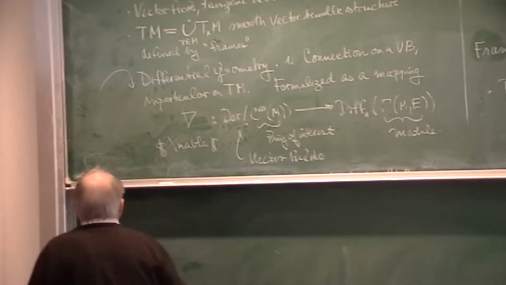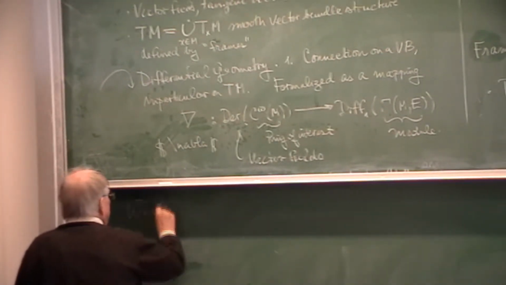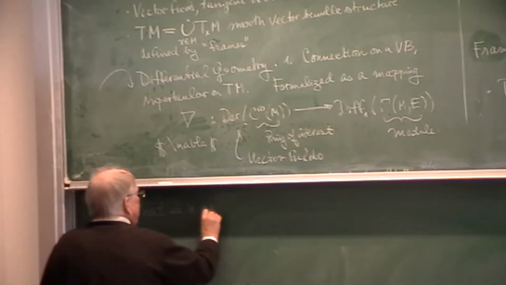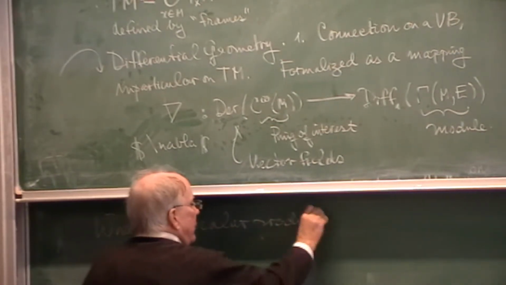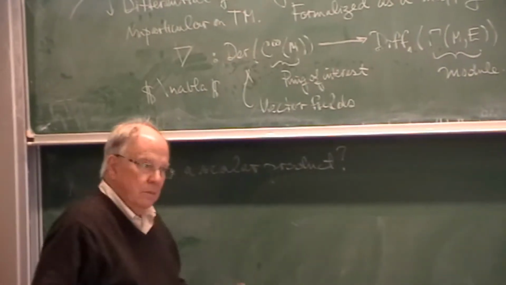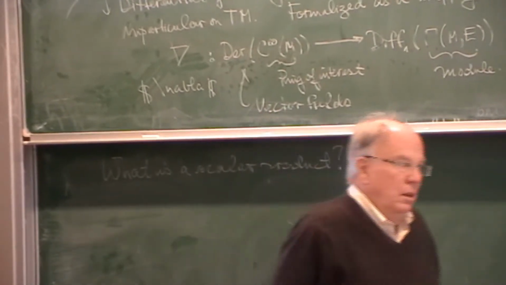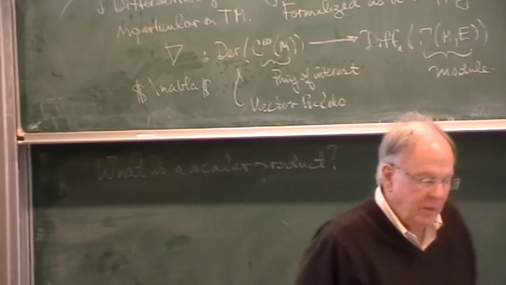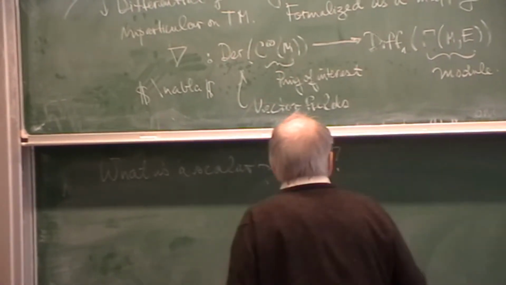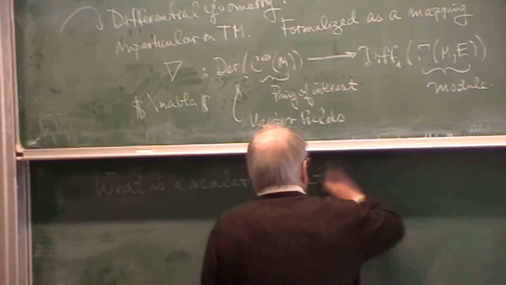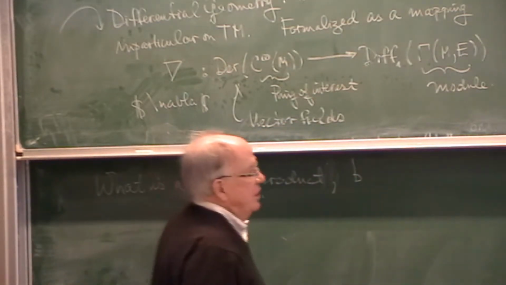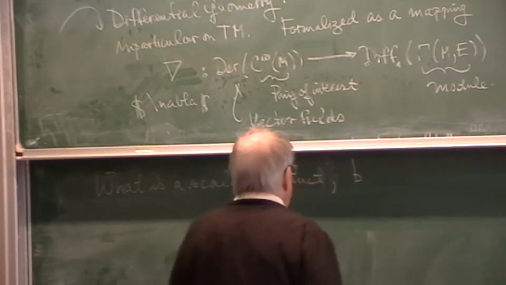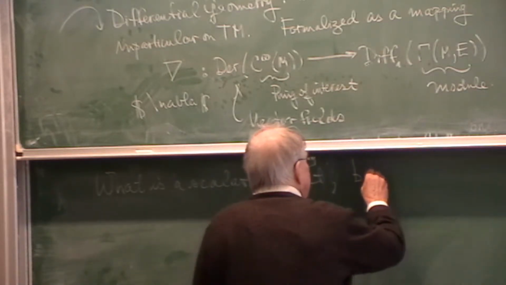So what is a scalar product? That's really the question. What is a scalar product? So let's call it, say, B. Let's just be a little bit precise.